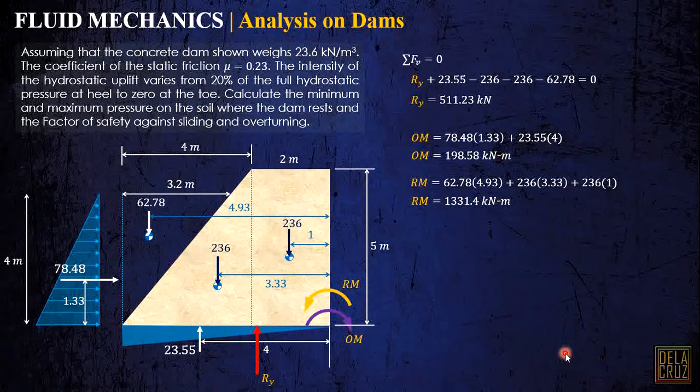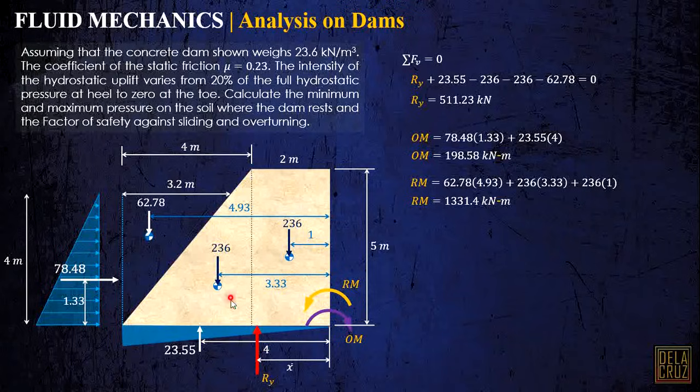So why did we calculate this? You will see later. Let me call this one our bar X. These are the needed parameters to calculate these questions. Bar X is the location of the resultant force Ry here.